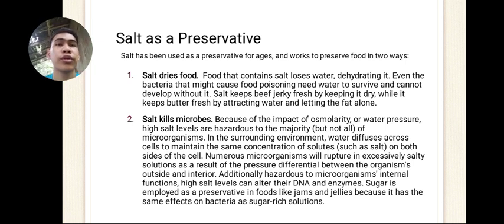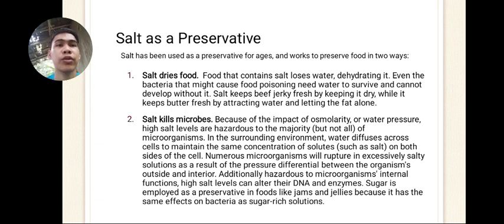The water is one of the reasons for spoilage in food, so the salt will dehydrate the food, even the bacteria that might cause food poisoning. So the bacteria cannot survive, the shelf life will increase, and the food will be preserved for a longer period of time than fresh food.